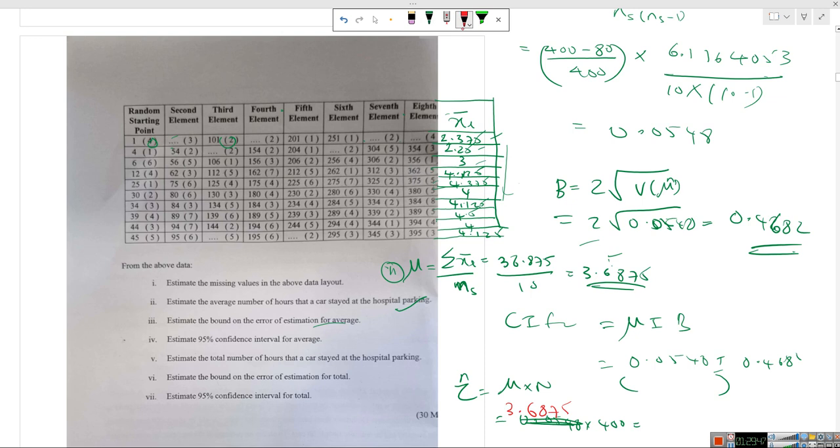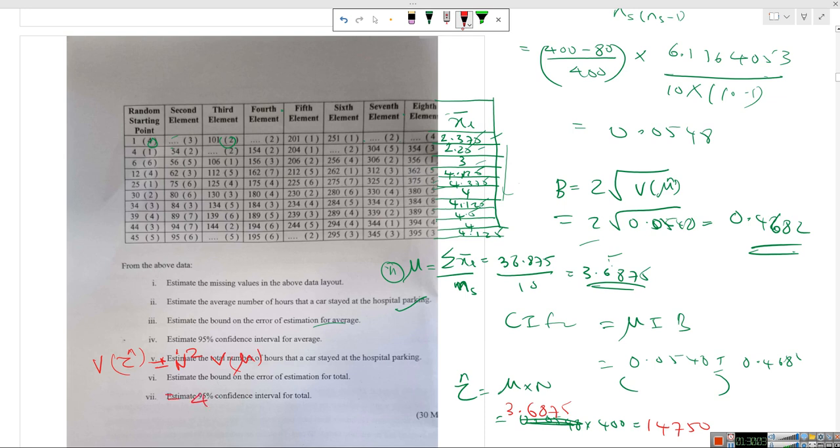The answer is 14,750. Now this is the total, and the variance of tau hat is simply N squared into the variance of mu hat.